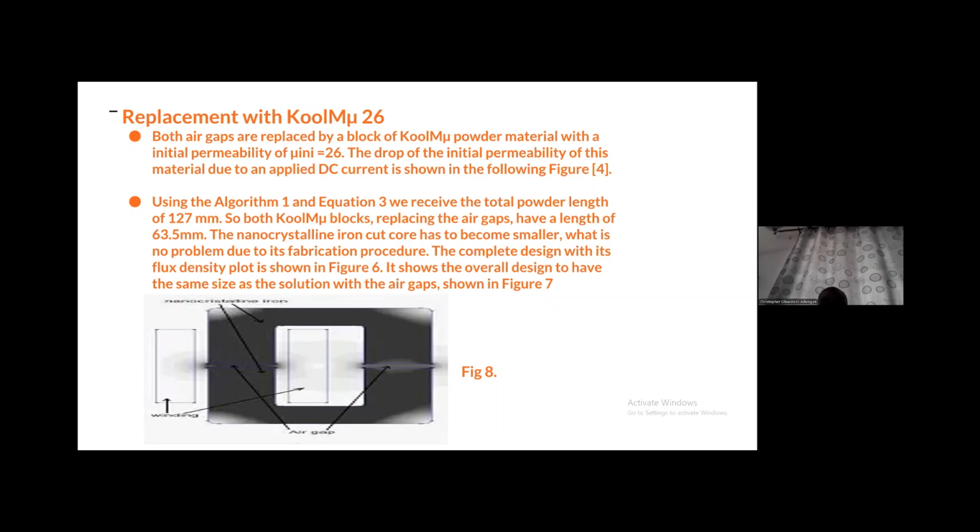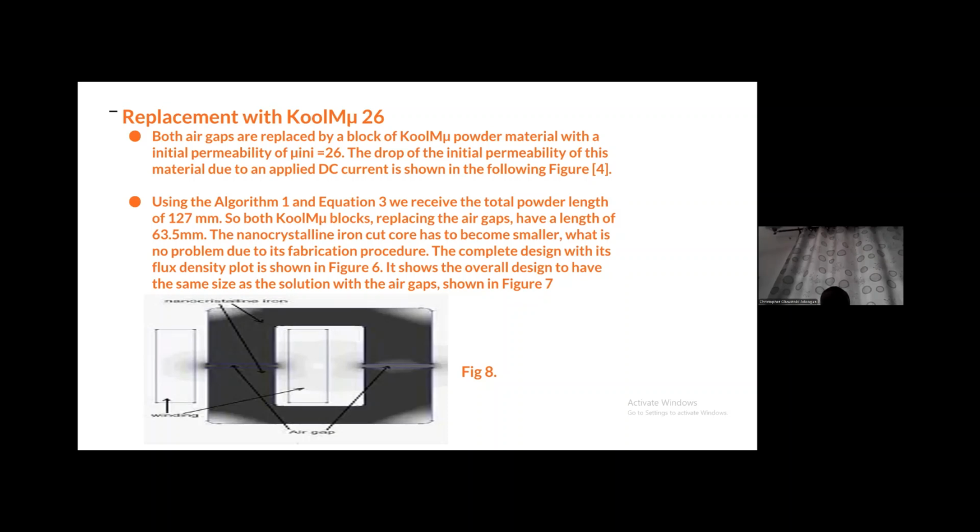The drop of the initial permeability of this material due to an applied direct current is shown in the following figure. Using algorithm 1 and equation 3, we get a total powder length of 127 millimeters. So each of the Sendust blocks replacing the air gaps has a length of 63.5 millimeters.